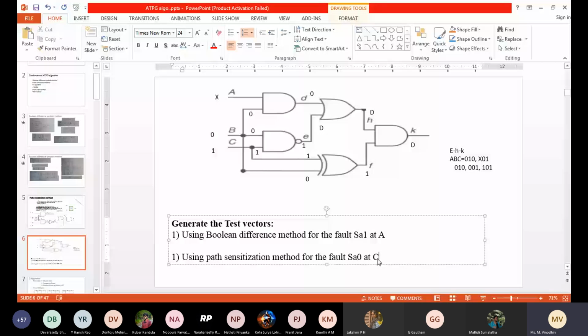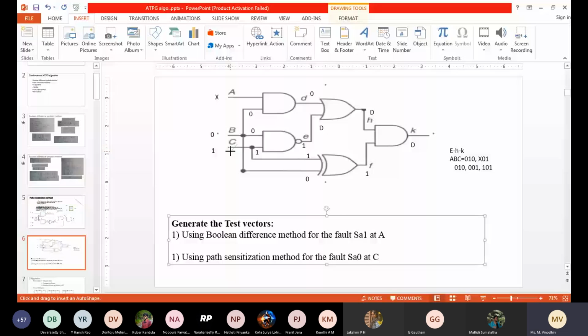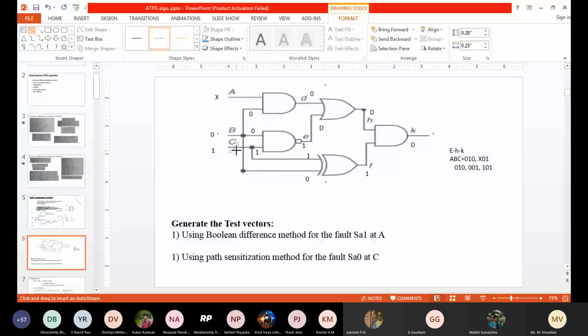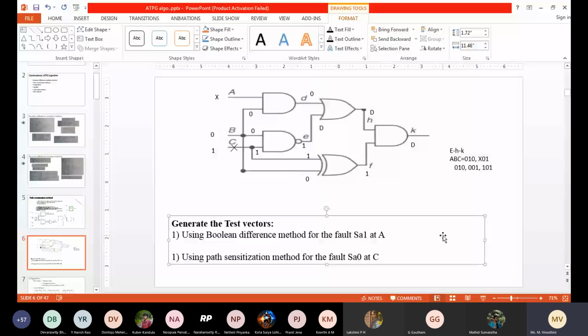Listen here, students. The fault is here. Are you able to see whatever I'm doing in the slide? Yes. So, fault here, using path sensitization method for the fault stuck at 0, get the test vector.